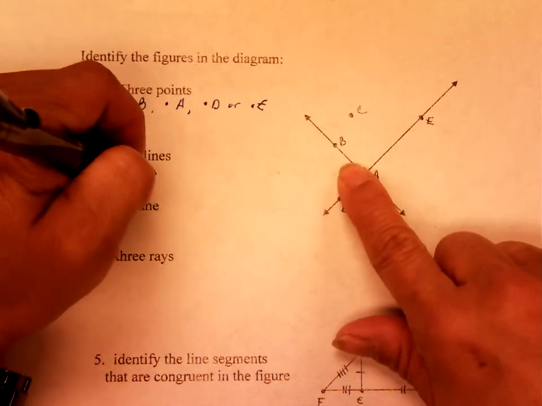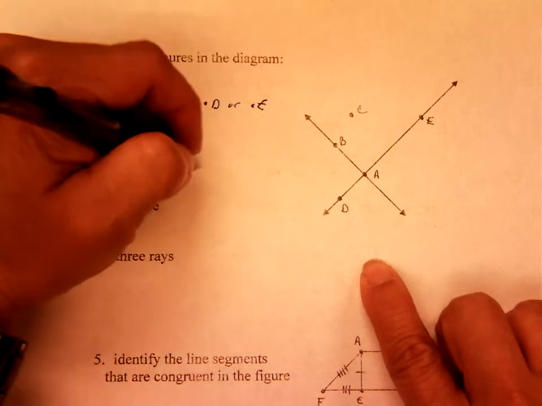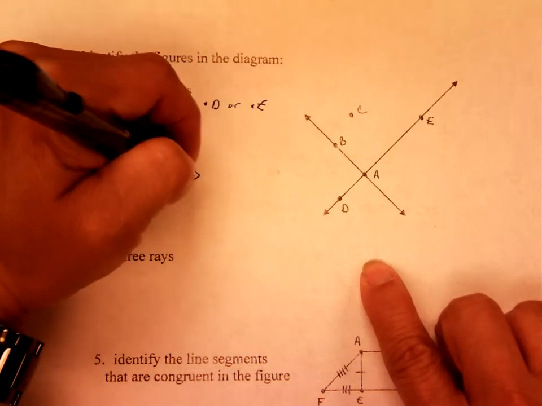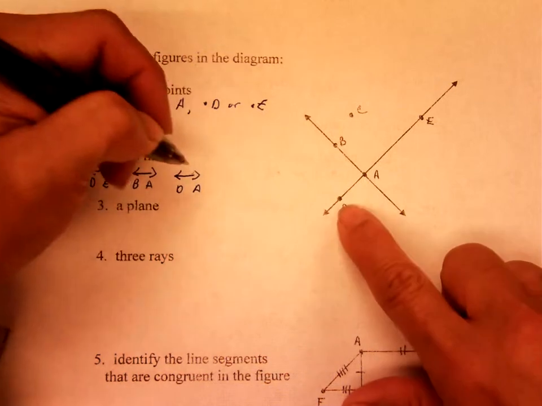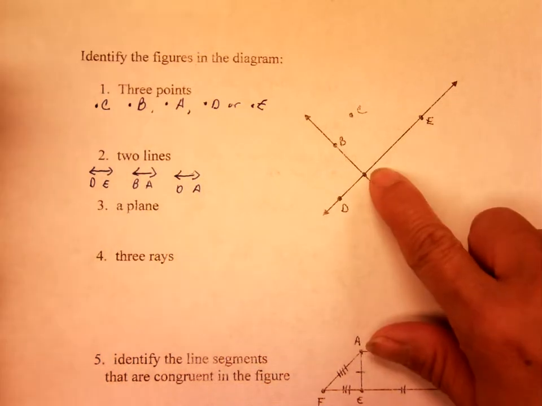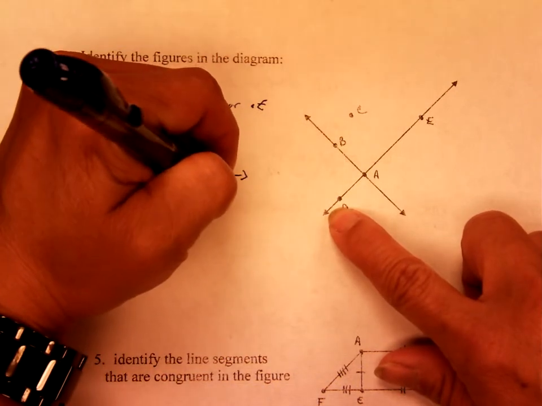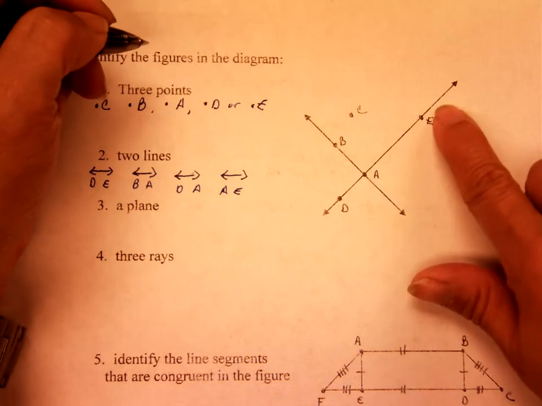You could have had BA or AB, either way. You could have had line DA, because this continues on, so you can break it up, or you could have AD. Or the other one you could have is AE or EA.